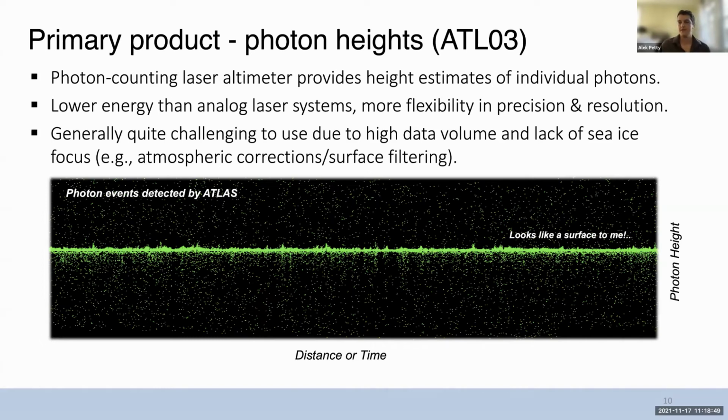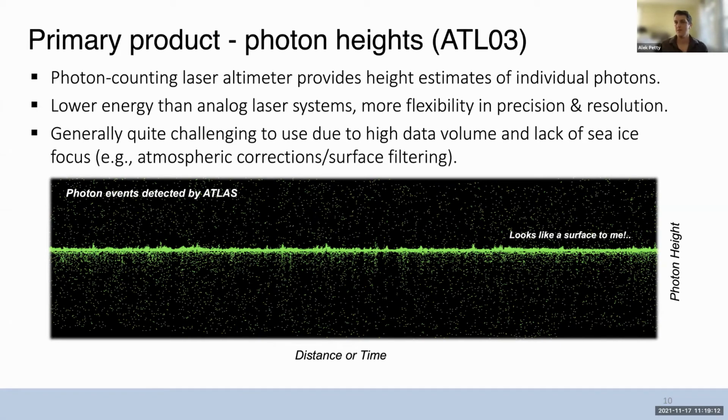The idea is we have signal photons and background photons. ATLAS detects green laser light at a very specific frequency, the same frequency as that emitted by ICESat-2. So we'd expect to receive a lot of signal photons where we have a surface and those laser returns bounce off of. But we also get a lot of background photons too.